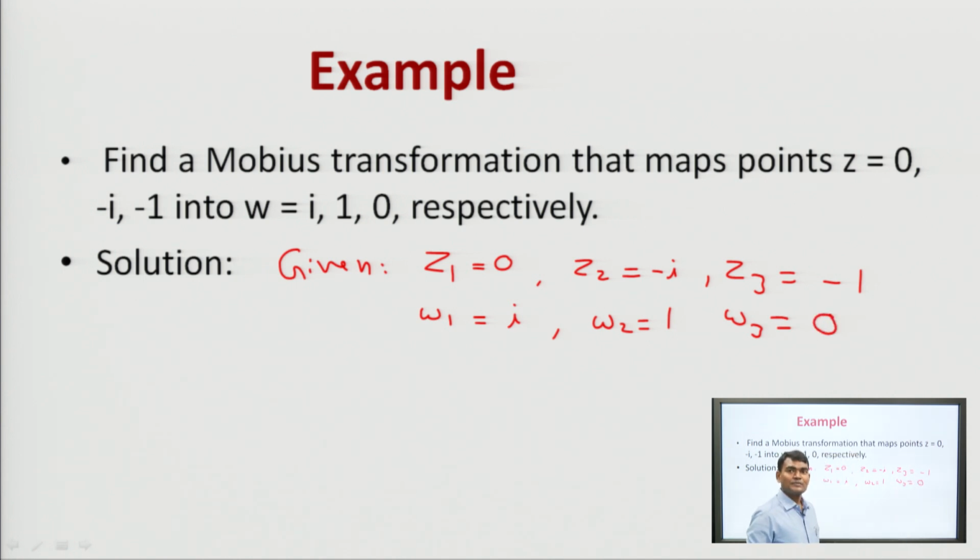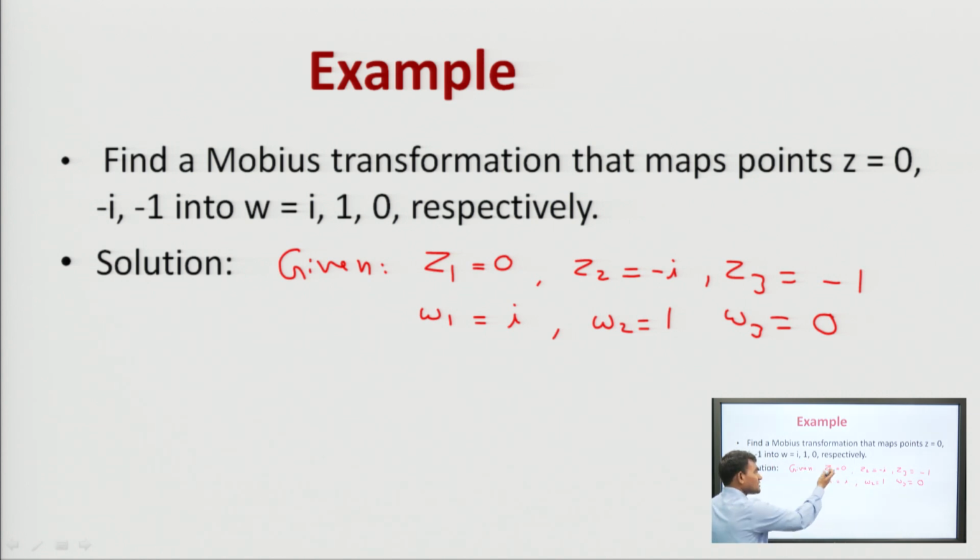What is the question? The question is to find a Mobius transformation that maps the points 0, minus iota, minus 1 into w equal to iota, 1, 0 respectively.